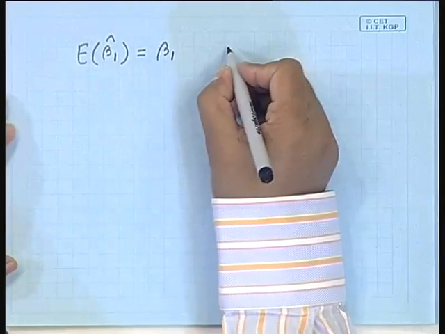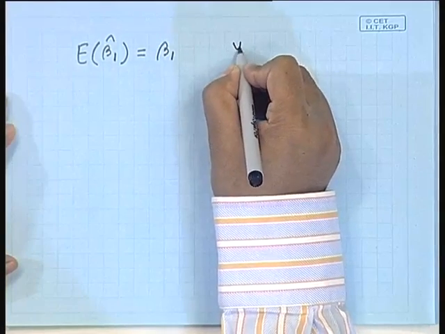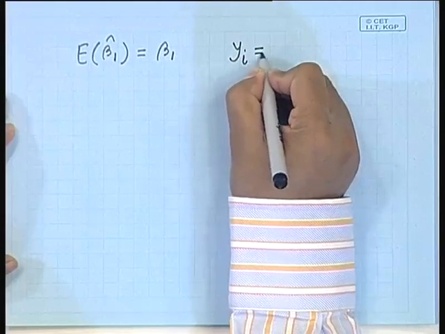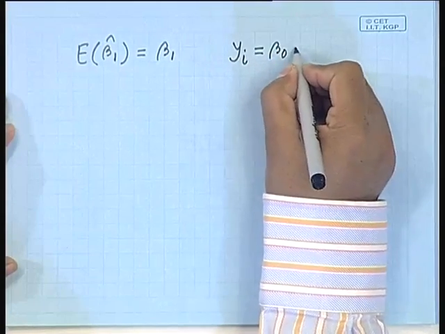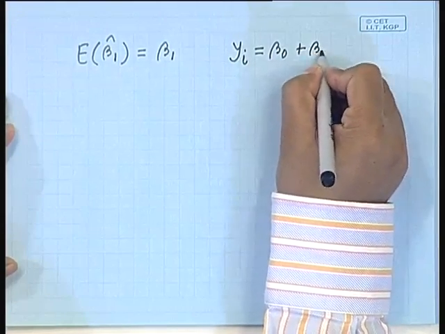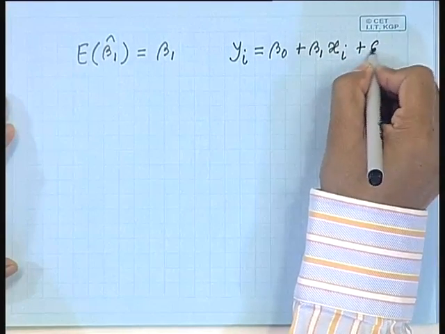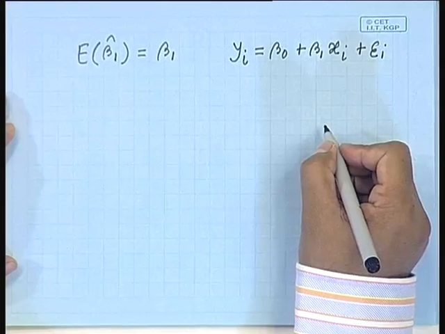Let me start from here. The simple linear regression model is yi is equal to beta naught plus beta 1 xi plus epsilon I.